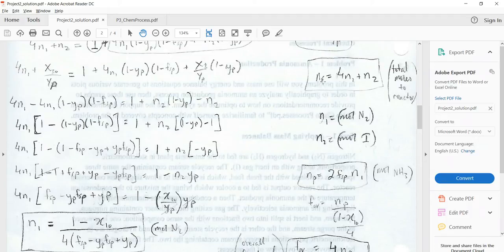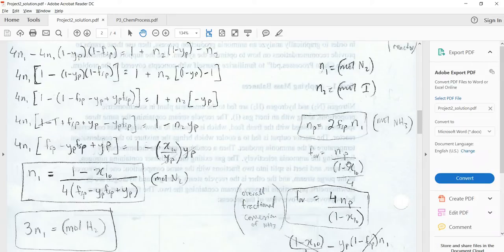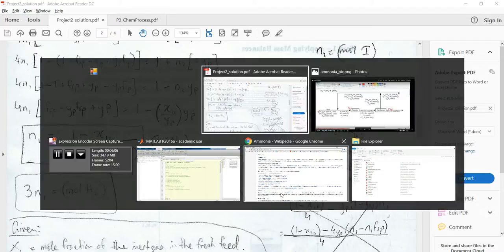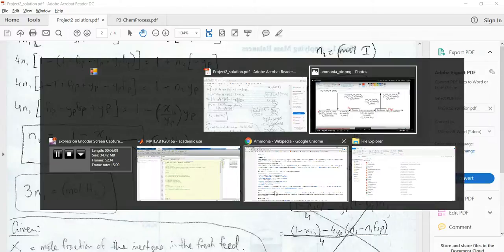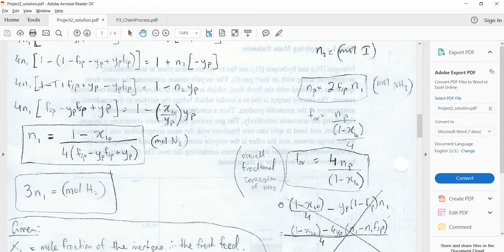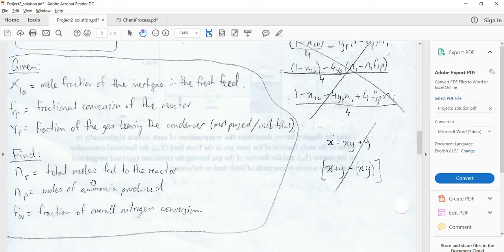And NR is just the total number of moles fed into the reactor, which is 4N1 plus N2. And the overall fraction conversion of ammonia can be given by 4NP over 1 minus xi naught. And these are the given values, and these are the values that we are supposed to find.